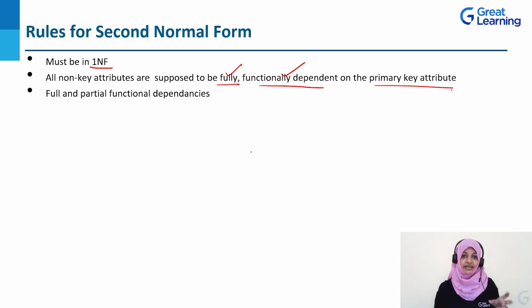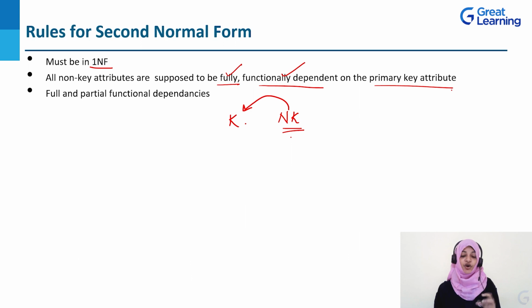Now, functional dependency is actually a property in entities wherein non-key attributes are dependent upon key attributes for uniquely identifying them. So it is the job of the key attributes, like super keys, candidate keys, primary keys, to actually uniquely identify the non-key attributes that might be there in the entity.